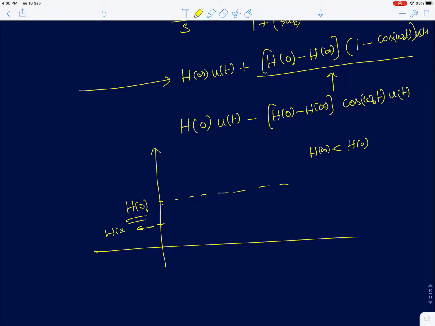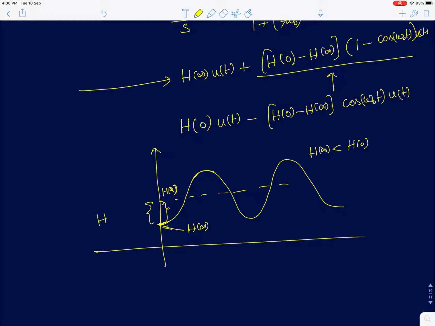Your output is going to start off as h of infinity, and then you're going to have an oscillation around that like this. So this value here is h of 0, and the value here is h of infinity. The difference is h of 0 minus h of infinity.